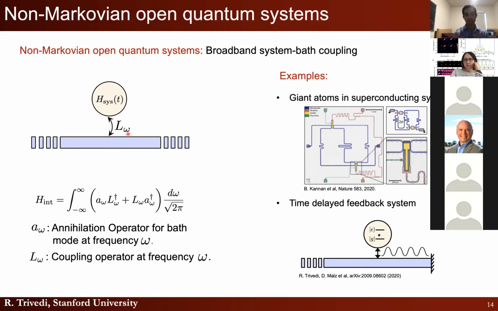So all of these systems are systems that you can't really describe accurately with the Markovian approximation, and you really have to account for non-Markovian dynamics happening here. Now, the problem with non-Markovian dynamics is that, again, generally solving for a non-Markovian system is almost intractable. So we again need to make some assumptions on the form of interaction between the localized system and the bath.